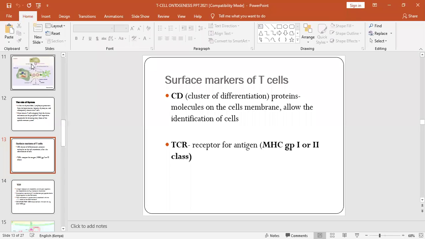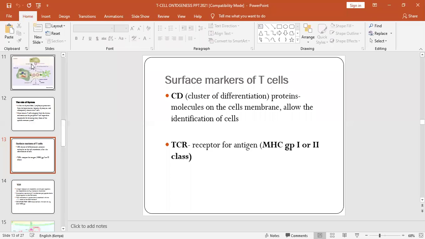For example, CD3 is a common molecule for all the T cells. But CD4 is a protein specific for T helper cells. CD8 is a protein specific for cytotoxic T cells. So what we are saying here is that the cluster of differentiation, abbreviated as CD, differentiates various populations of the T cells, and that helps especially in diagnosis or in investigations. And the order in which they are labeled is the order in which they were discovered.